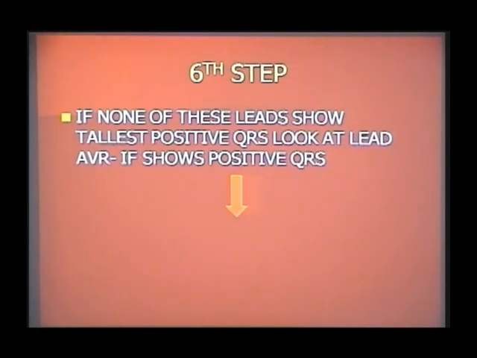For example, if none of these 5 leads show the tallest positive or negative QRS complex, what lead is left? AVR. So none of these 3 normal leads, none of the right side leads, none of the left side leads shows the tallest positive QRS. My AVR is positive. Here you are dealing with what is known as indeterminate axis.